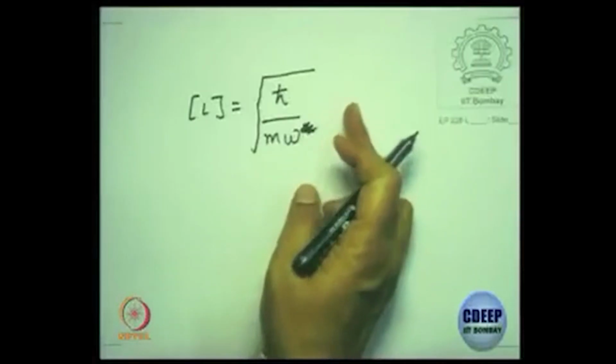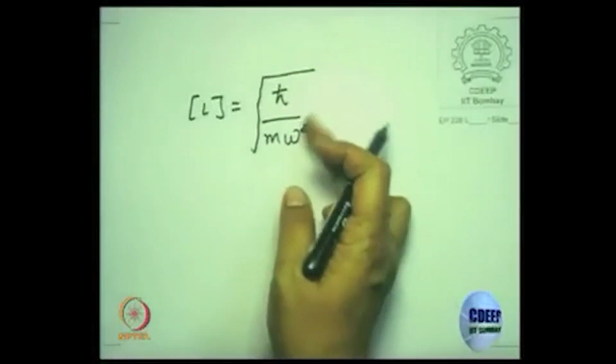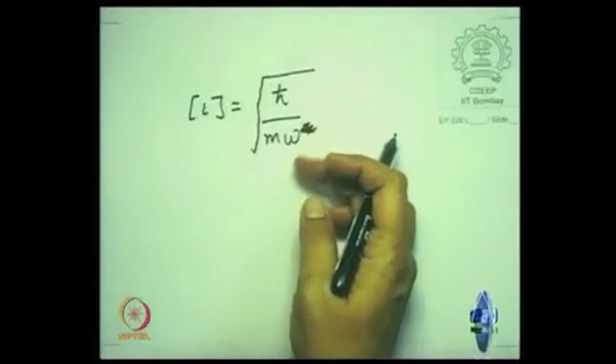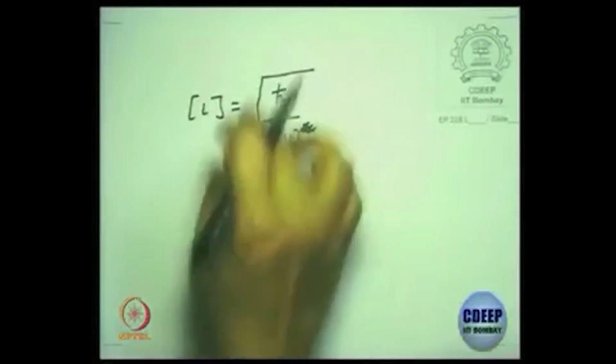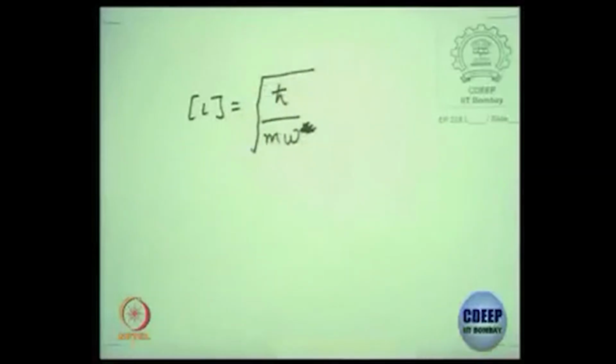If you do the dimensional analysis, h cross omega is energy, so h will be energy by omega, and omega is 1 over time. Use that, m is m, and you should be able to show that the dimension of this piece is L.